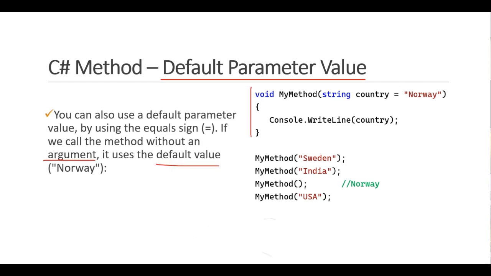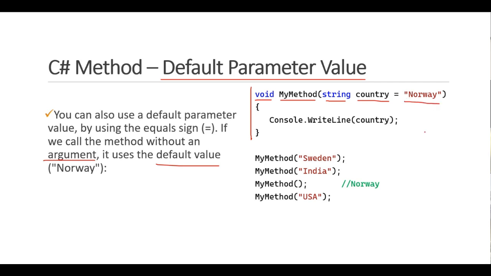Here in this example, it is a void method, a void function, and myMethod is the function name. It has one parameter of type string. The name of the parameter is country, and now I have a default value.